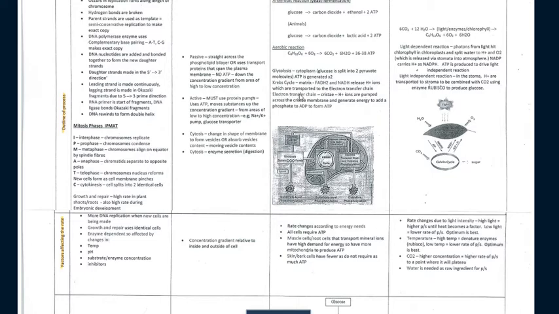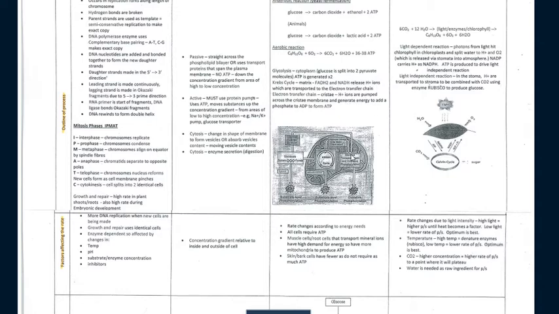So the electron transport chain takes place in the cristae, which is that fold of the inner membrane, and it's where hydrogen ions are pumped across the cristae membrane to generate energy and to add a phosphate to ADP to form ATP. So here we have hydrogens that are pumped across the membrane because there is a difference in hydrogen ion concentration.